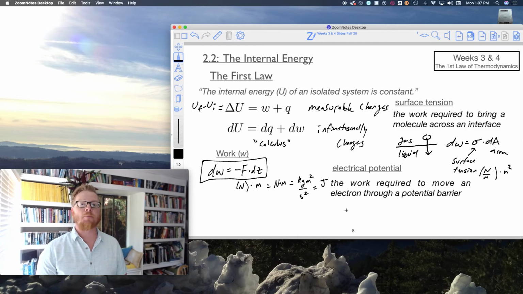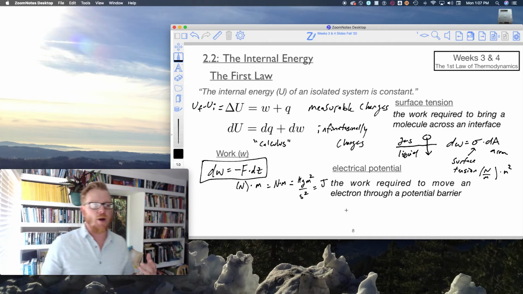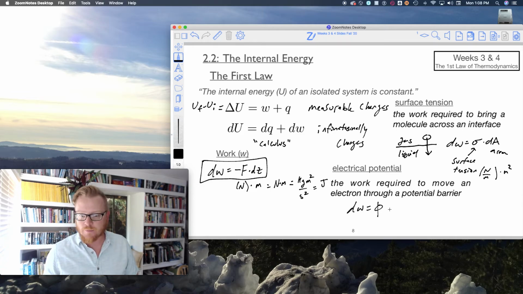So think even bigger. When I talked about that chemical reaction, that'd be molecular, but think about a bulk property. A bulk property would be just literally plugging in my cell phone charger, for example, and the electrons flowing through that wire. Well, they have to have a force acting over a distance to make that happen. So we could say the work due to electrical potential is often given as phi times dq, okay, where this phi is going to be my potential in volts, right?